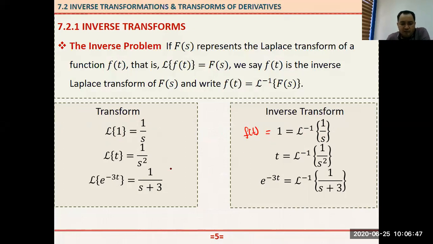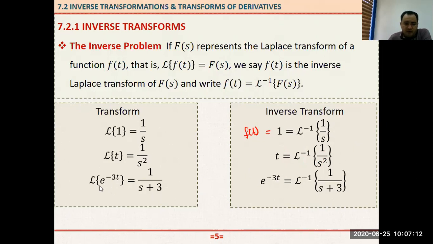For example, the Laplace transform of t is equal to 1 over s squared, and by using the inverse operation we can find that original function t. So the inverse Laplace of 1 over s squared gives us t. It is like an inverse function.